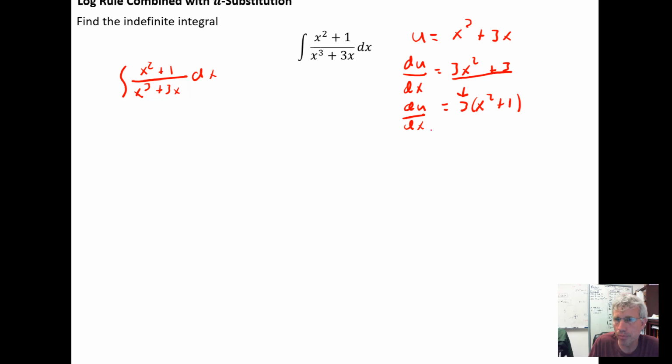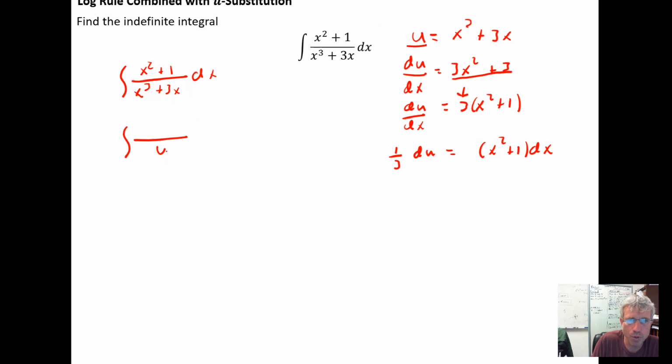So now I'm going to multiply both sides by 1/3, which will give me x squared plus 1 on the right hand side and a 1/3 on the left. And then I'm going to multiply both sides by dx, which is going to give me 1/3 du equals x squared plus 1 dx. And now I'm ready to make my substitutions. I'm going to get the antiderivative of, I'm substituting x cubed plus 3x with a u.